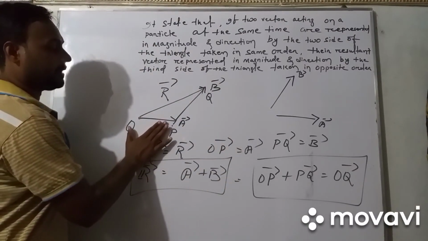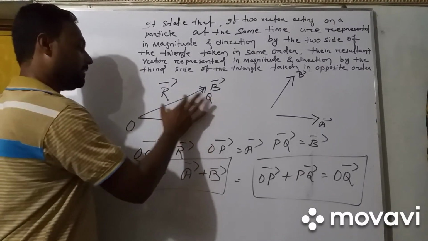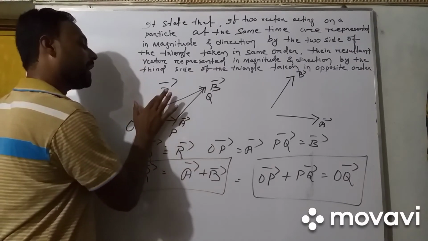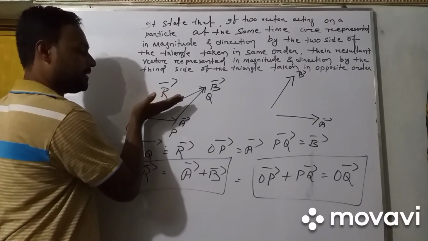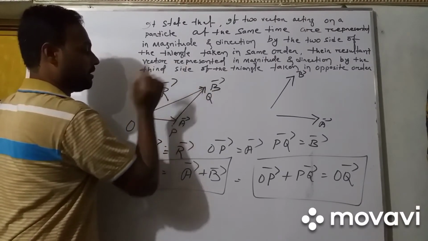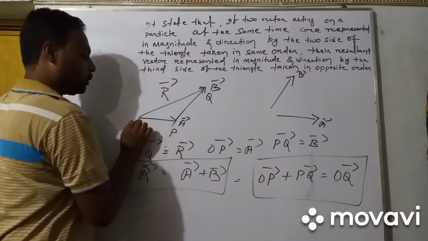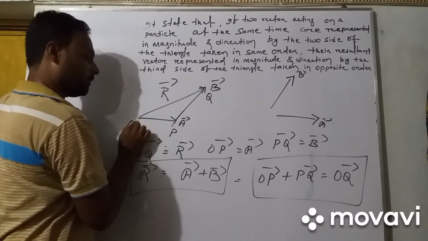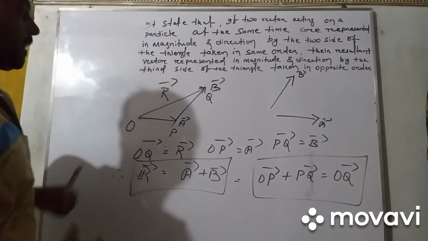They represent their magnitude as well as direction. But the resultant, with its magnitude and direction, is taken in opposite order. Why is it opposite? Because it connects the tail of the first vector and the head of the last vector.